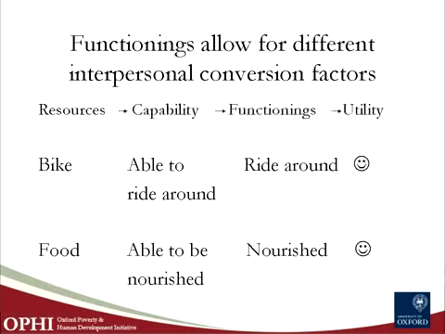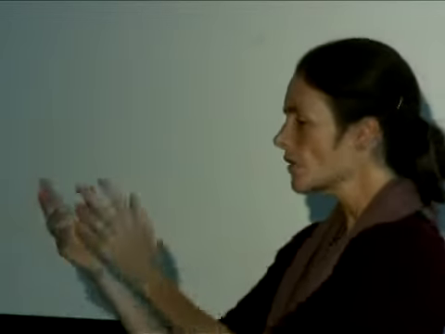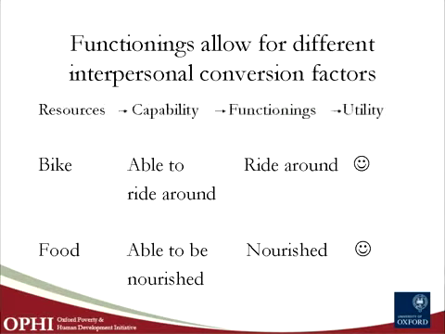And that the assumptions that we make about how achievements in one space translate into achievements in another space are refracted through a set of assumptions about people's ability to convert resources into capabilities or capabilities into utility, or assumptions about how sufficient utility is as a measure of achievements in other spaces.